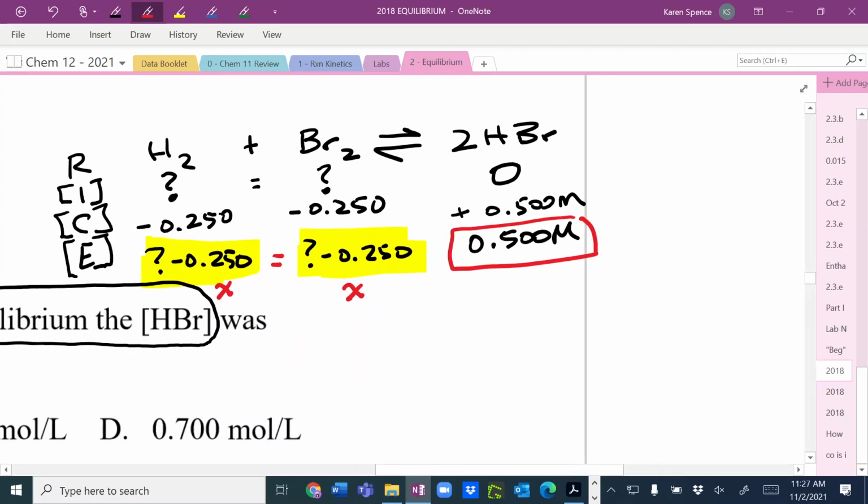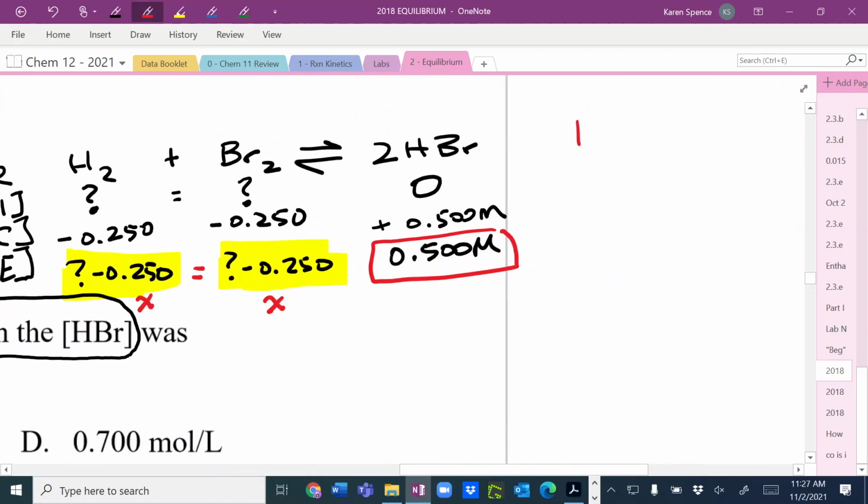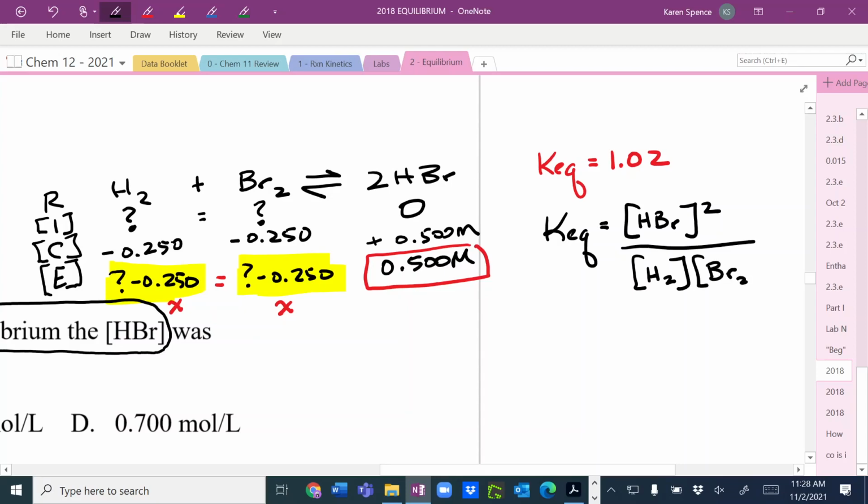HBr, and hopefully somewhere in here there's a KEQ. There is. My KEQ is equal to 1.02. So we can then write our KEQ expression. KEQ is equal to the concentration of HBr squared over the concentration of H2 times Br2.